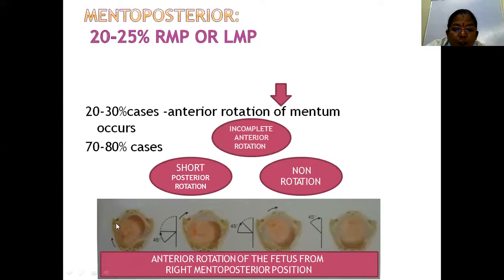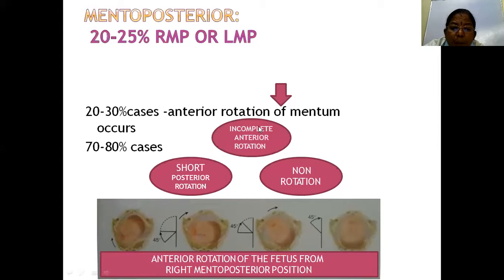If it is a short rotation, 1/8 of the circle, then it results in the transverse position. If it rotates long anterior, mento anterior; if it rotates short, 1/8 transverse. But if it gets rotated posteriorly, then it will become the mento posterior position.